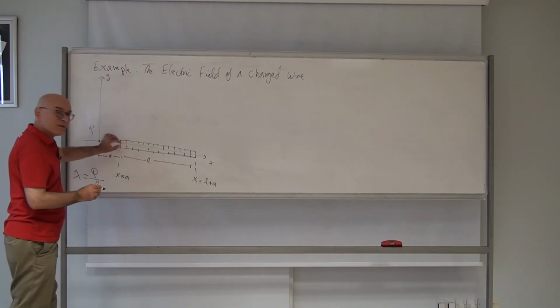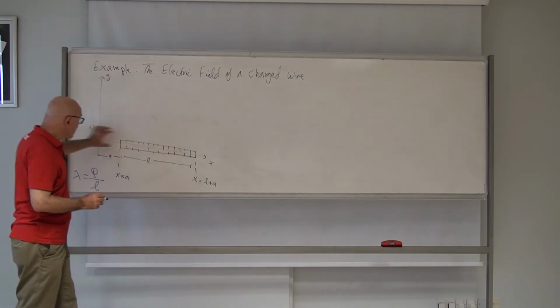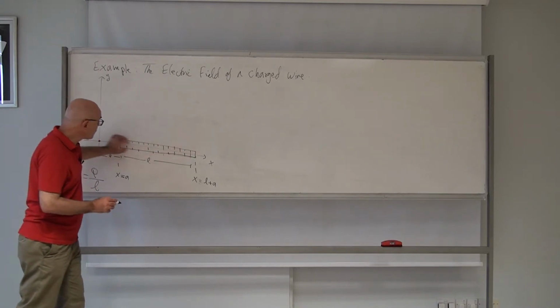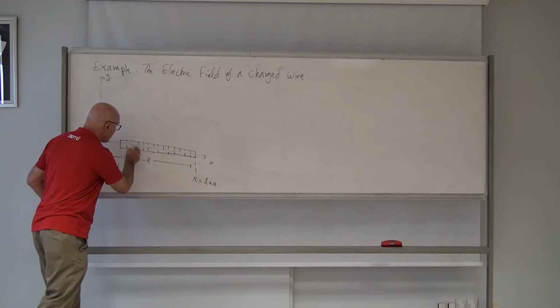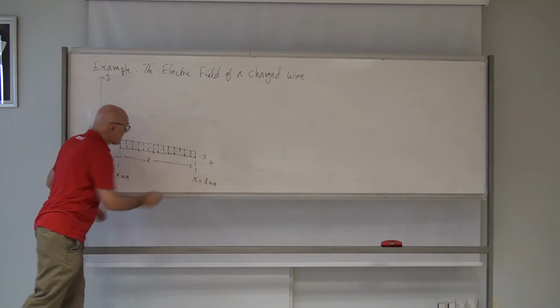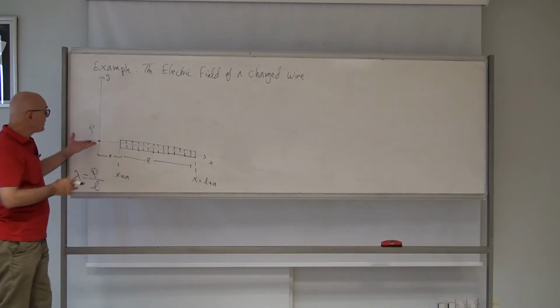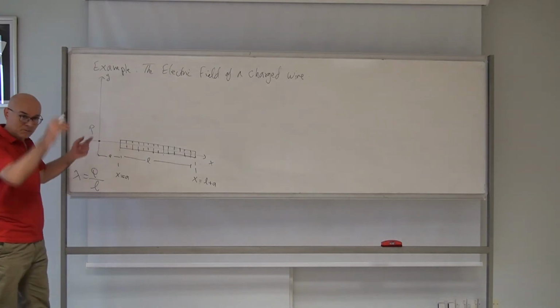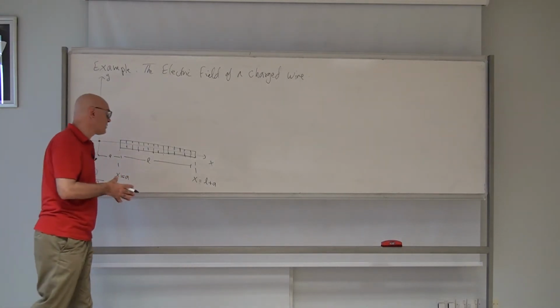Each of these will be a dq_i, and then you will be finding the electric field of each one of these, and then add them up to find the electric field of the whole wire. But adding up means integration, as we will see.